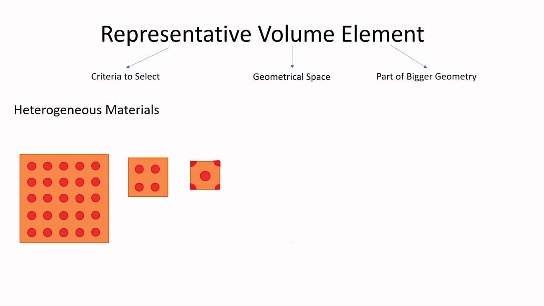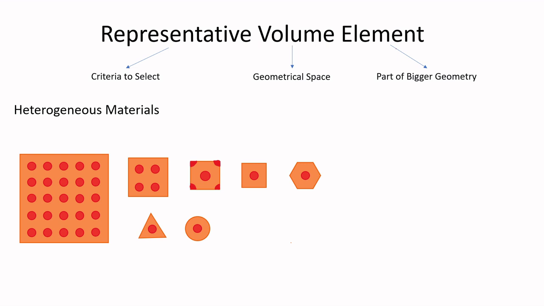We can also select a volume like this, which has hexagonal symmetry, and even a smaller volume element should do the job. We can change the geometry like this, which will also represent the material behavior.